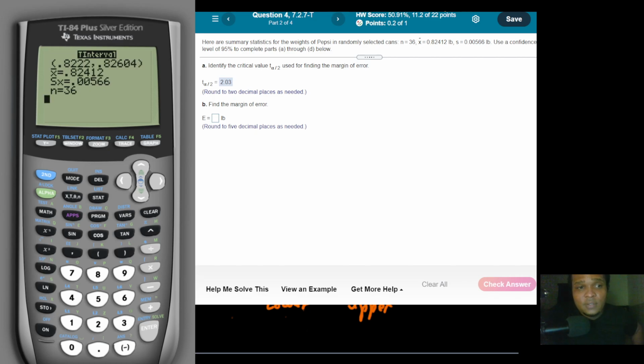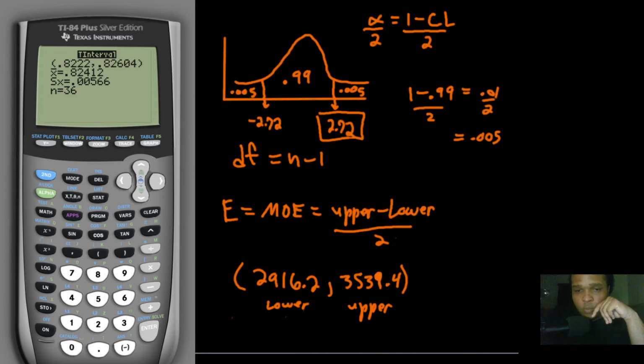There's our confidence interval. Now, if you were to type a button here, it's going to wipe everything out. So we're going to go ahead and write it down. Let me exit out from this window.